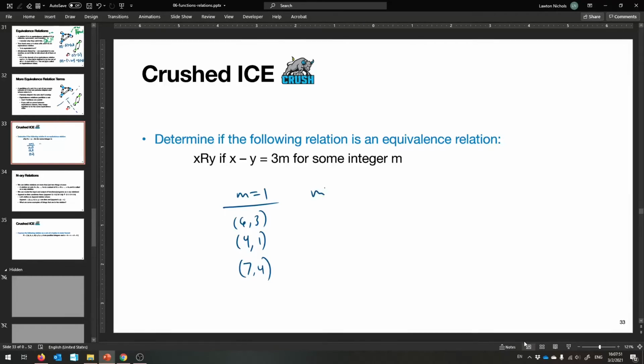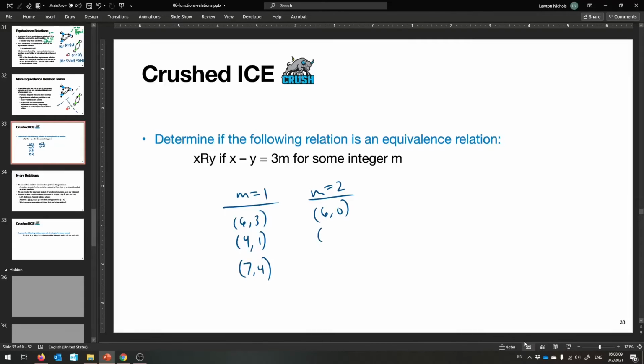Okay, if m equals 2, things are related if they are 6 apart, and the first one's the bigger one. So like 6 and 0, right?